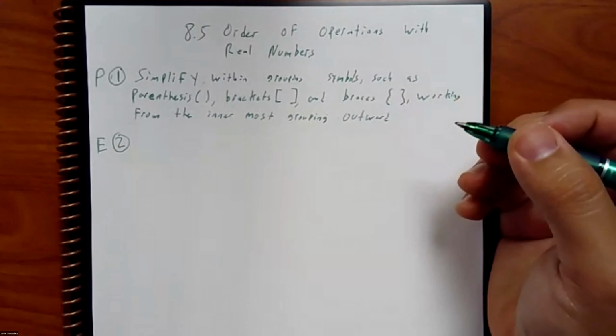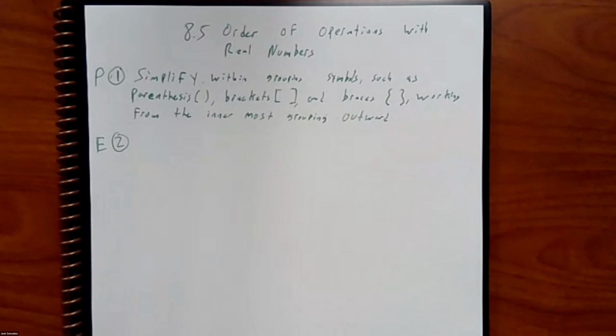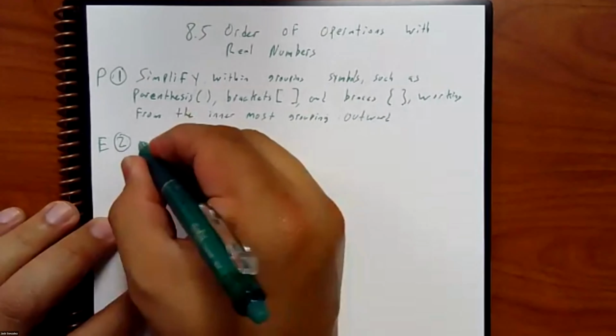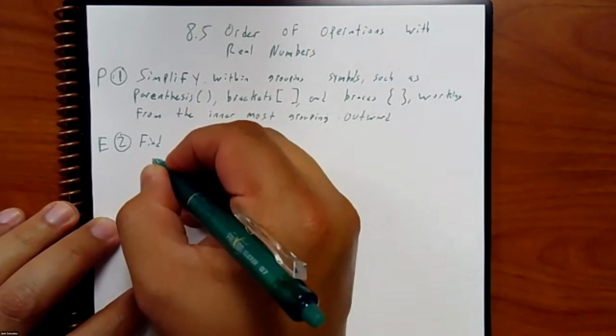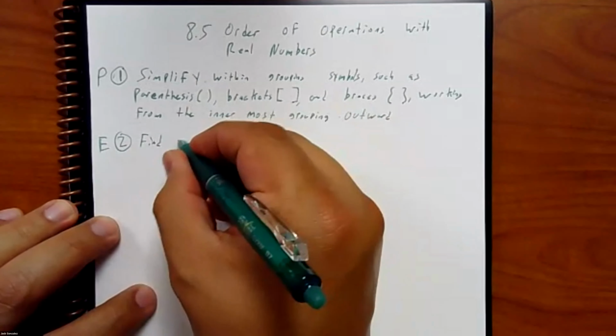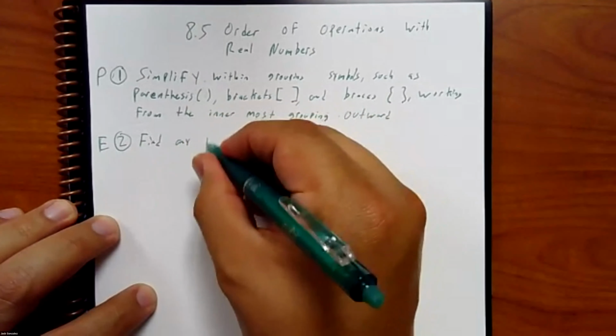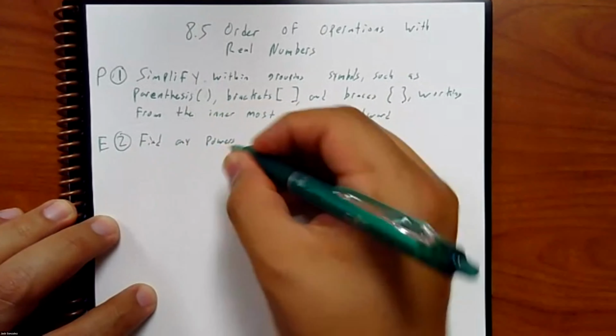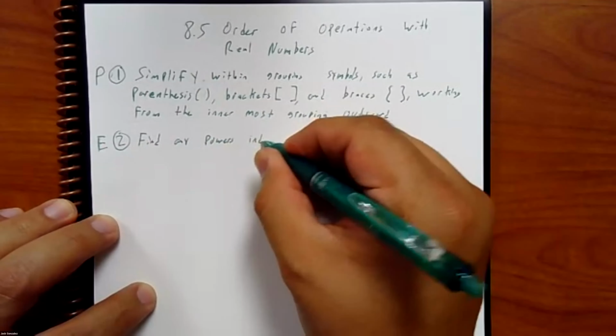Go all the way to the center, innermost, and work your way out. Okay, that's a rule. Number two. The next order of priority is to find any powers indicated by exponents.